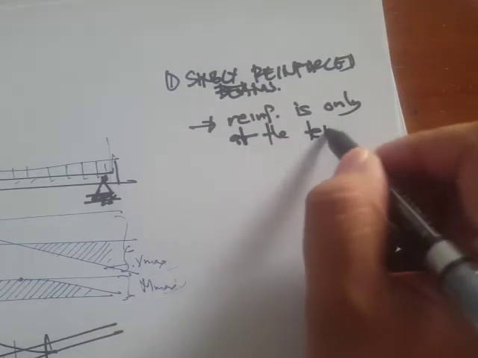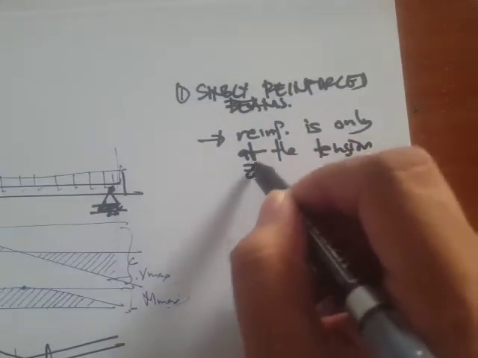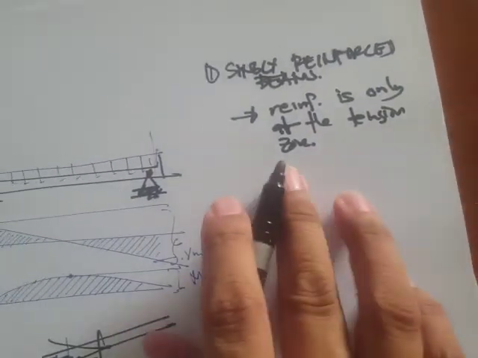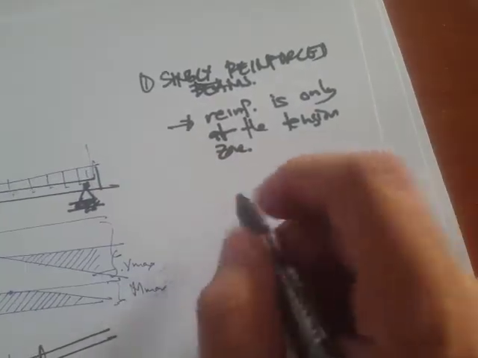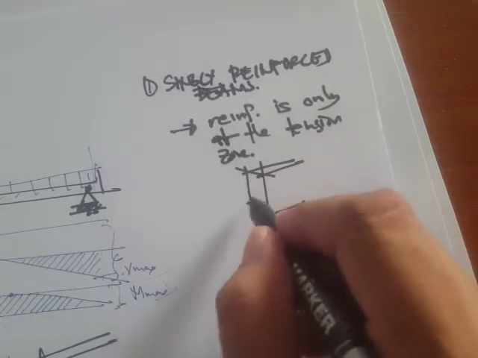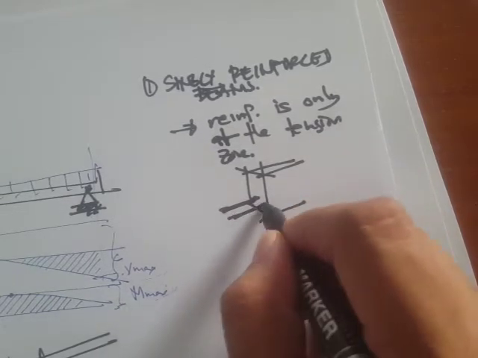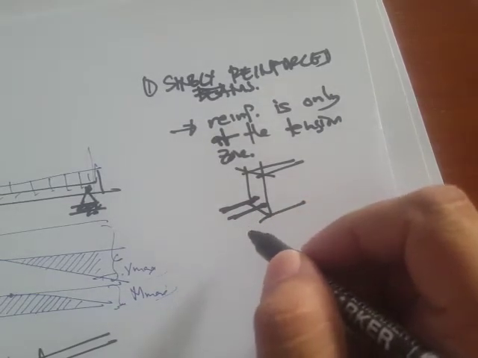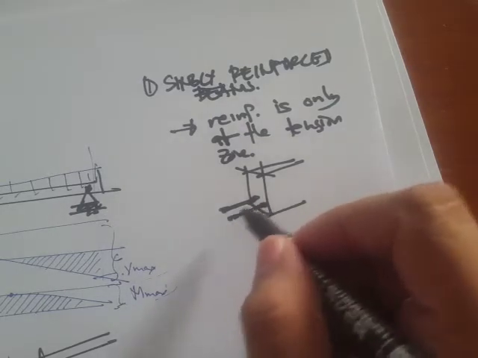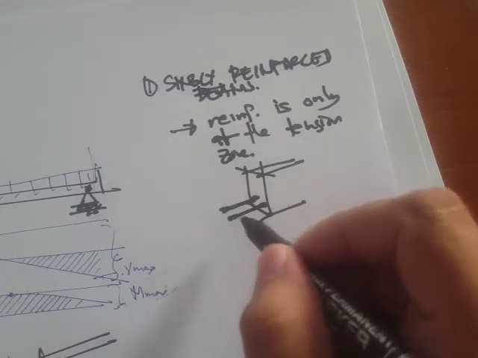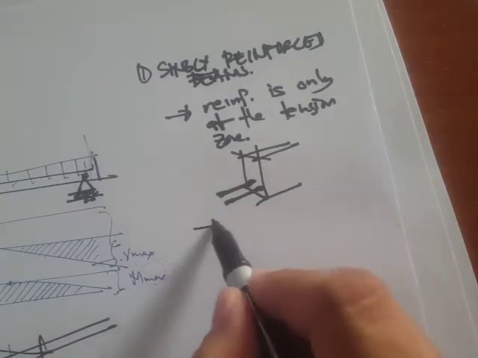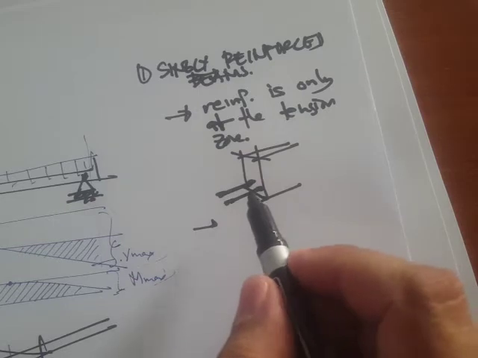If we illustrate this, it's just like this. This is the reinforcement, and that's the one that we're designing: the size, or how many rebars we are going to put in that section.